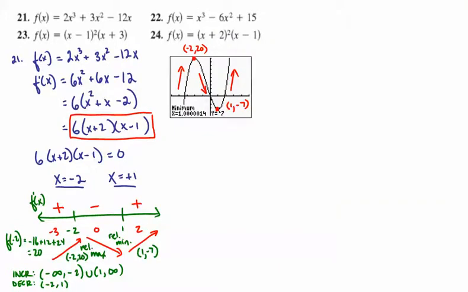Okay, so let's go on then to problem number 23. Now with problem 23, we have f of x is equal to (x minus 1) squared times (x plus 3). Now we can find this derivative in one of two ways.